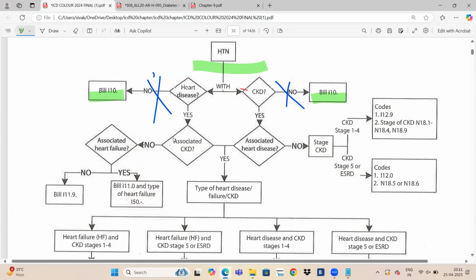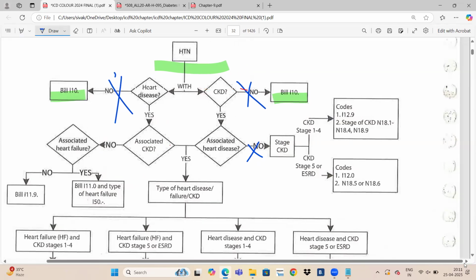Now, come to the CKD side. If the patient has hypertension and CKD only, no heart disease, no associated heart disease. So, only hypertension and CKD. Now, if the patient has hypertension and CKD, you need to identify the CKD stage. Based on the CKD stage, they divided the hypertension combination code.